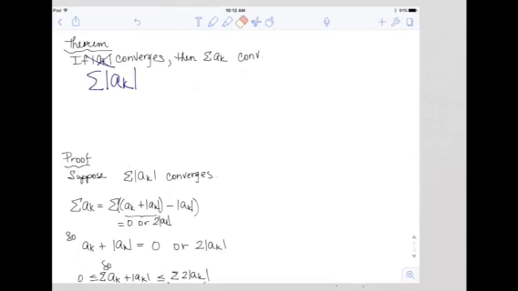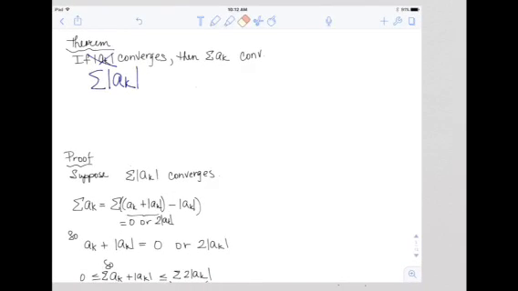In other words, this means absolute convergence implies convergence.